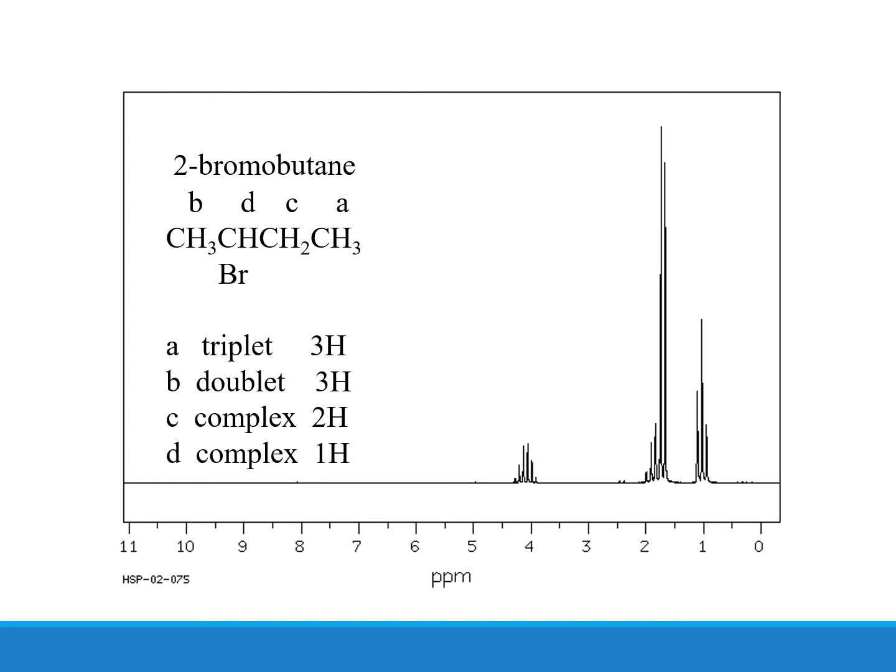So if you see the carbon bonded to the bromine, the proton in that carbon is coupled by 5 hydrogens, and it splits into a sextet, and that's the most deshielded proton you will have, appearing in between 4 and 5 in the chemical shift reading.